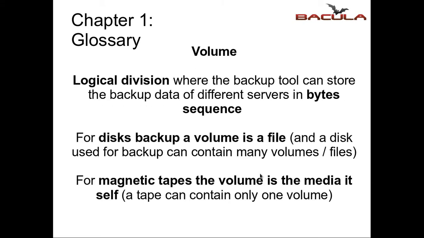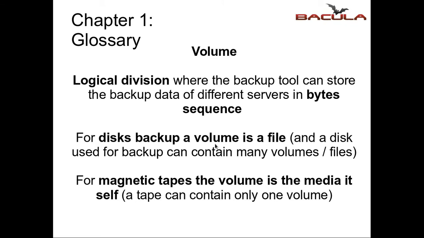Volume is the logical division where the backup tool can store the backup data of different servers in a byte sequence. It's always a byte sequence. For disk backups, a volume is a file, and a disk used for backup can contain many volumes or files. This is the great difference. This is a big thing here. The backup disk, hard disk, can contain several volumes since it's a random access device.